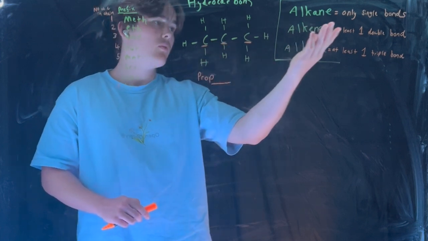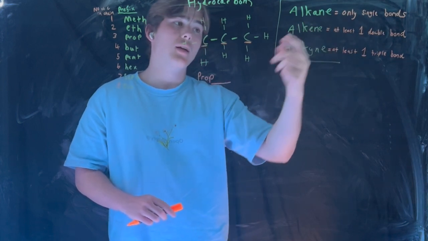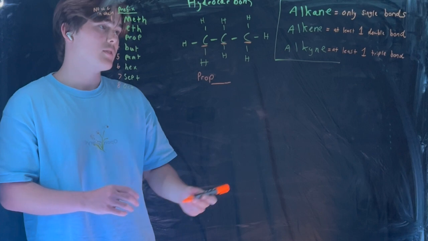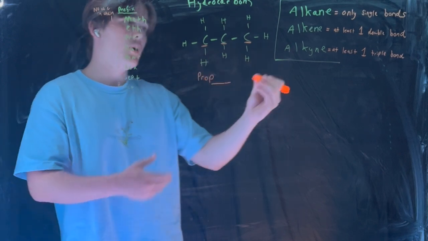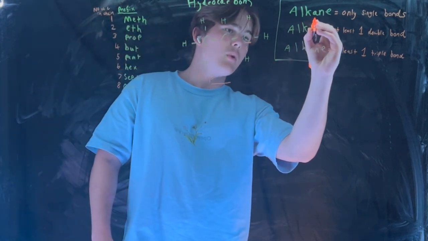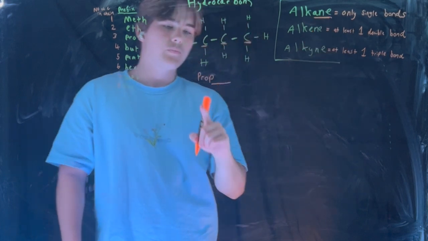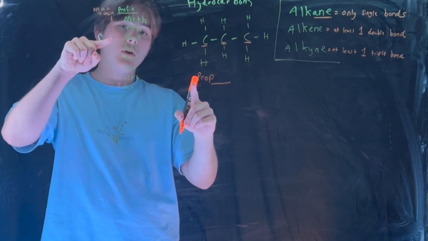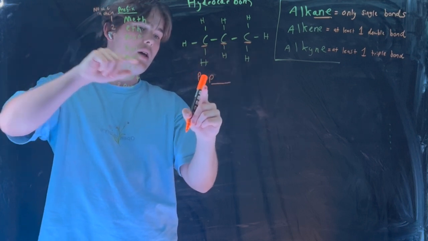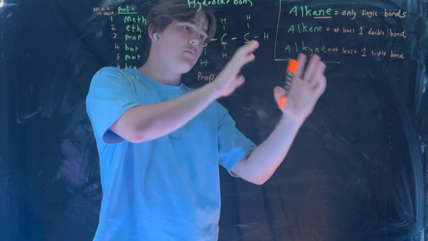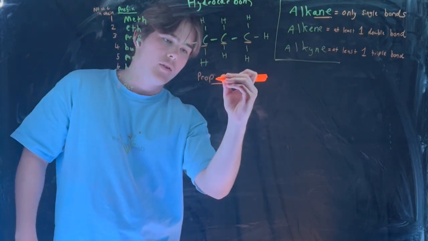Therefore, only single bonds, it is an alkane, and that's going to help us with the suffix. The suffix comes from the term alkane, the second part, the ane part. So we have prop, 3 carbons in the carbon chain, and it only has single bonds, so that leaves the suffix to be ane.